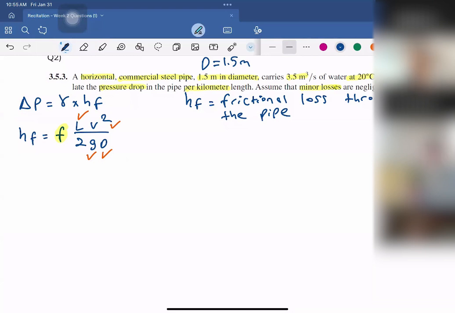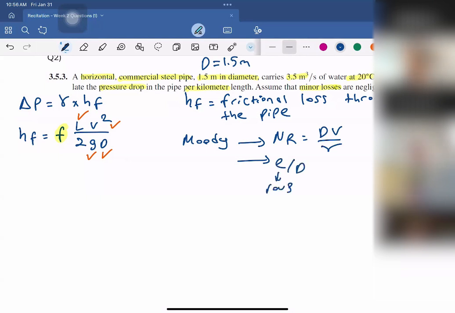And for Moody diagram, we need two variables, which is Reynolds number, and the other one is E over D, which is roughness over diameter of the pipe.